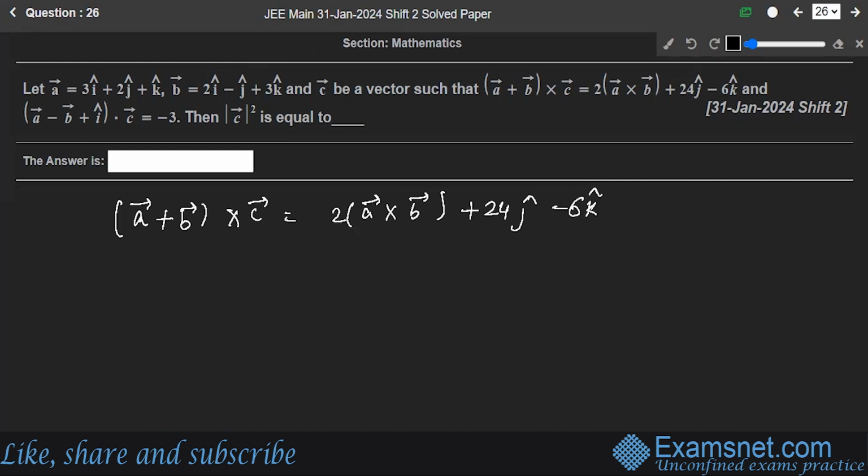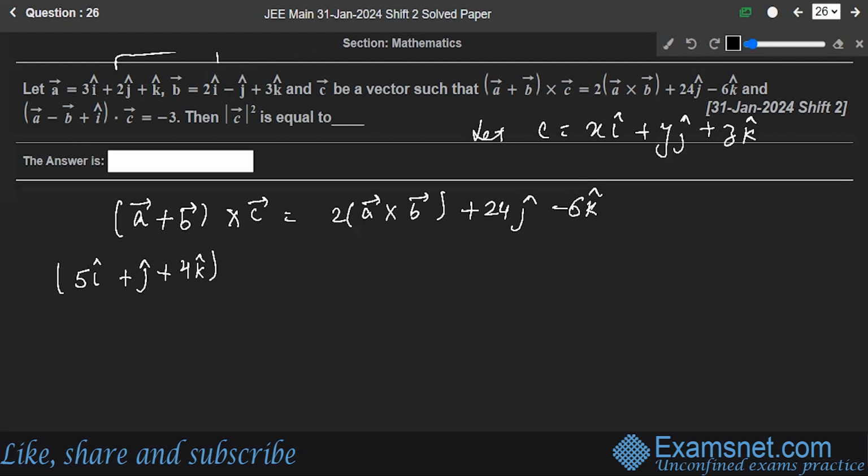So let's say, first of all, A plus B, if I add these two vectors, you will have 5i, j, 4k. And let's say C vector is xi, yj, and zk. So cross product, xi, yj, and zk, this is equal to A cross B. Let's solve A cross B also.